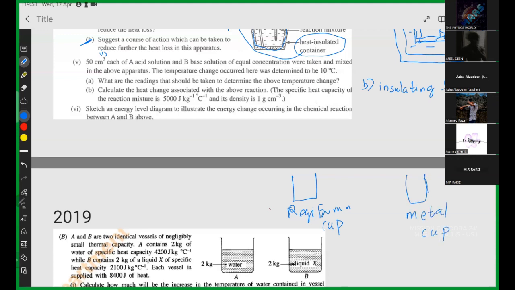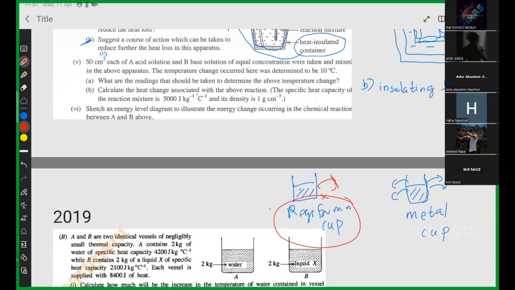In the metal cup, quickly the heat will come out. But in the Regiform cup, you can't observe such heat coming out. Therefore, this Regiform cup you call an insulating container. Did you understand?